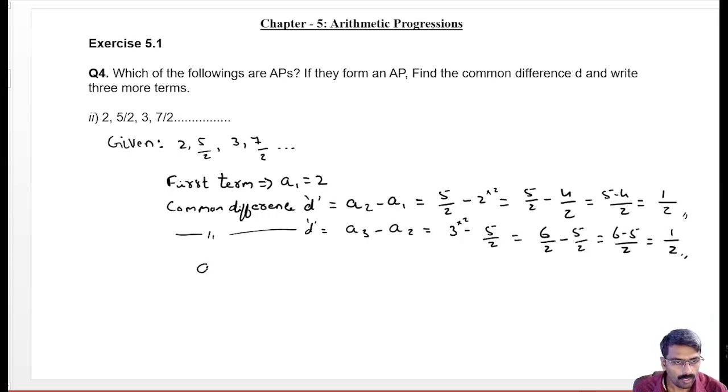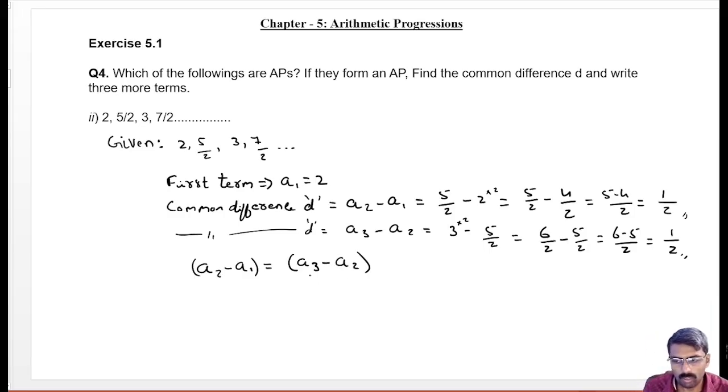So we can write A2 minus A1 is equal to A3 minus A2.